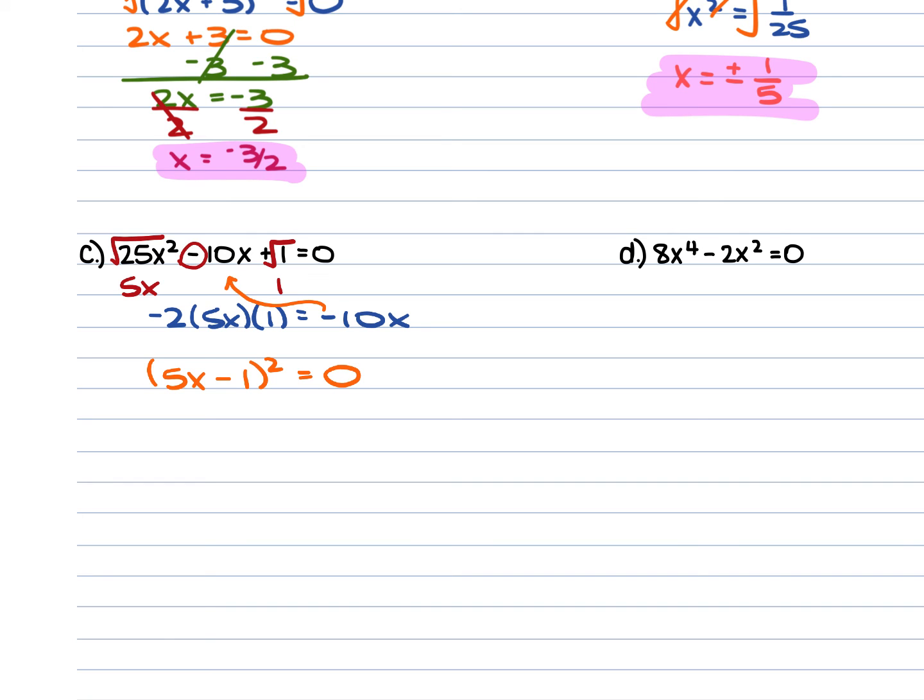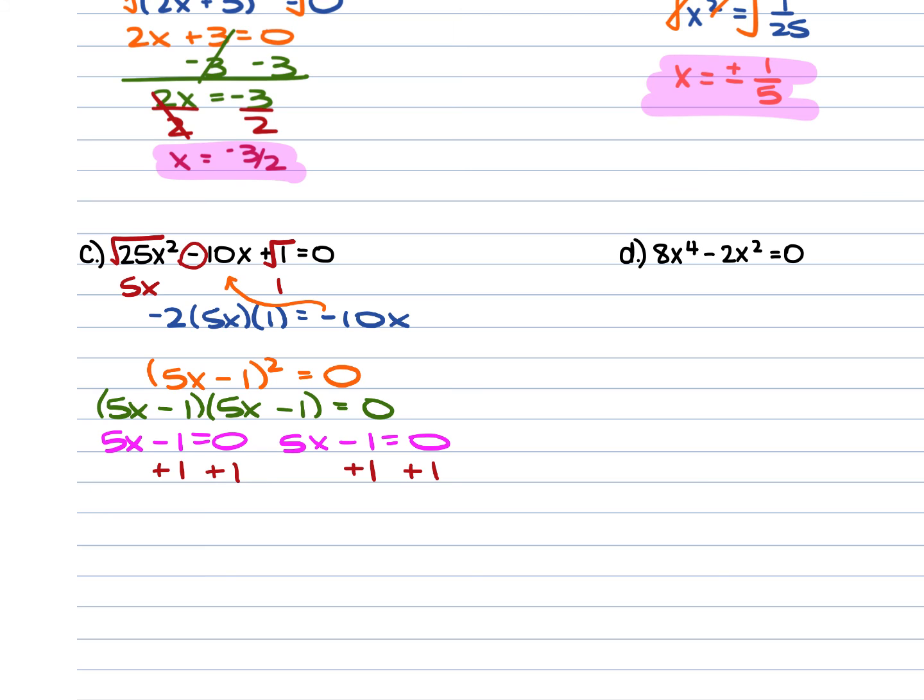So another way to do this is you can take the 5x minus 1, set it equal to 0, or here, let's do it this way. 5x minus 1 times 5x minus 1 is equal to 0. You can set both parts equal to 0, so 5x minus 1 is equal to 0, 5x minus 1 is equal to 0, and then solve for both of them. This is what I was saying, that if you did it for both of these, you're going to get the same exact answer.